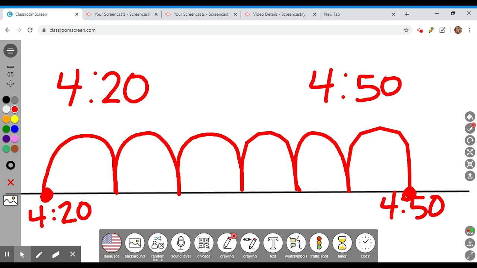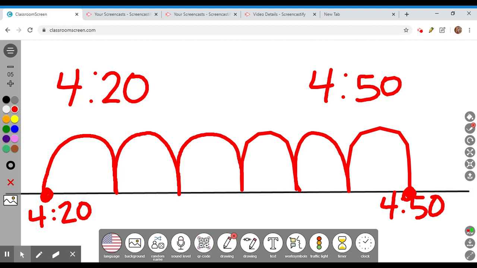Now I did land right on the 4:50 this time. That doesn't always happen so neatly. So again, if I would have written my 4:50 over here, for example, I would just erase it and put it where I actually landed when I got to the end there. But it did end pretty nicely right where I wanted to this time.